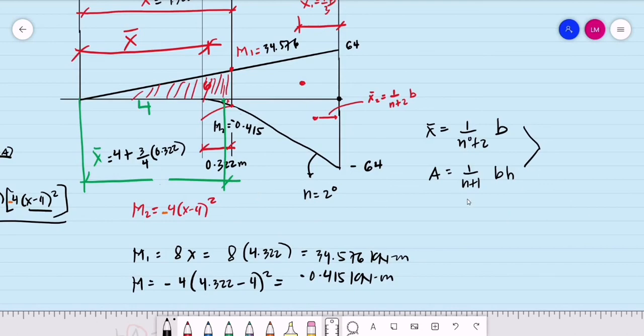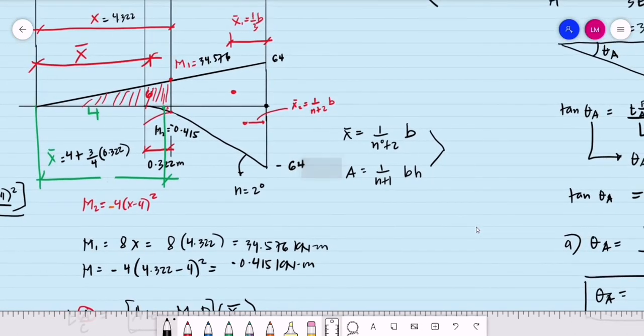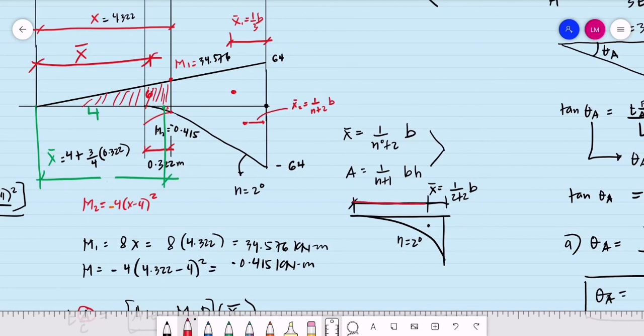So why 3/4? Just to clear that part. For a spandrel with a second degree, bar x is equal to 1/2 plus 2 of the base, that is the same as 1/4, which means the remaining distance is 3/4.